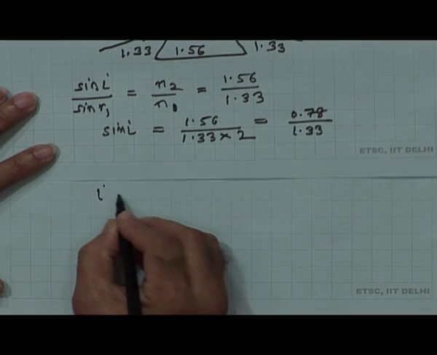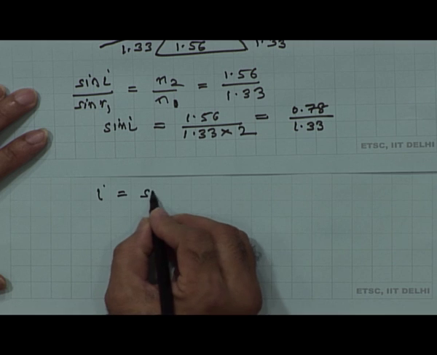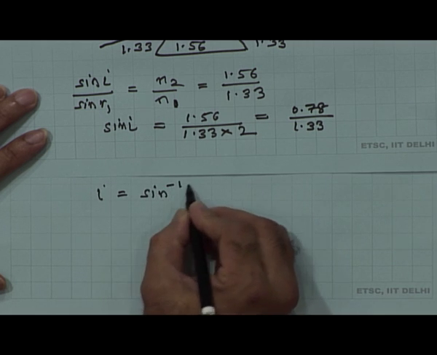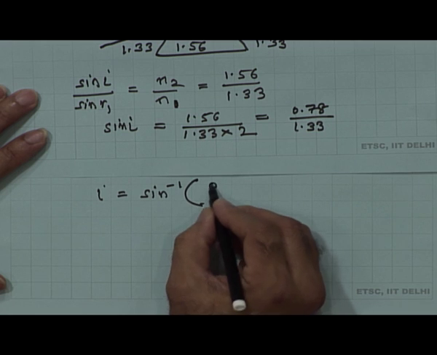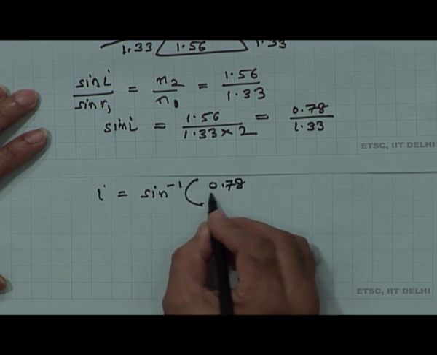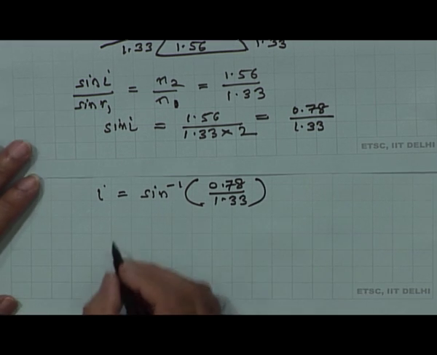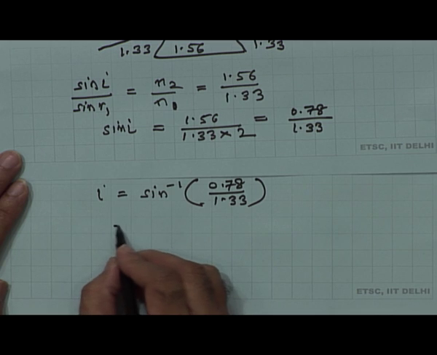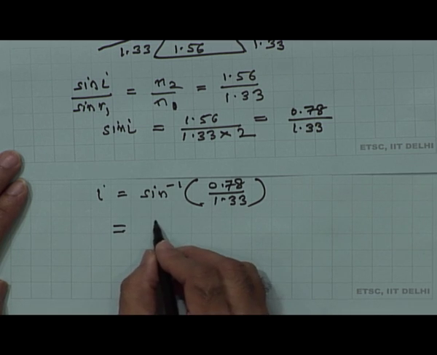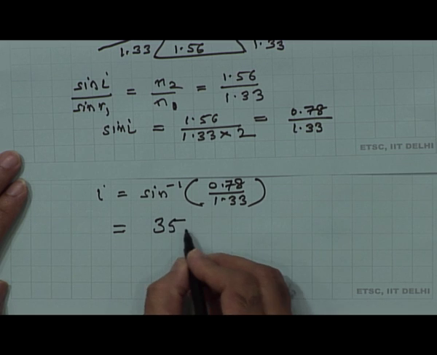So I is equal to sine inverse of 0.78 by 1.33. If we use a calculator, we can find this out as 35.90 degree. So, now the angle has reduced.